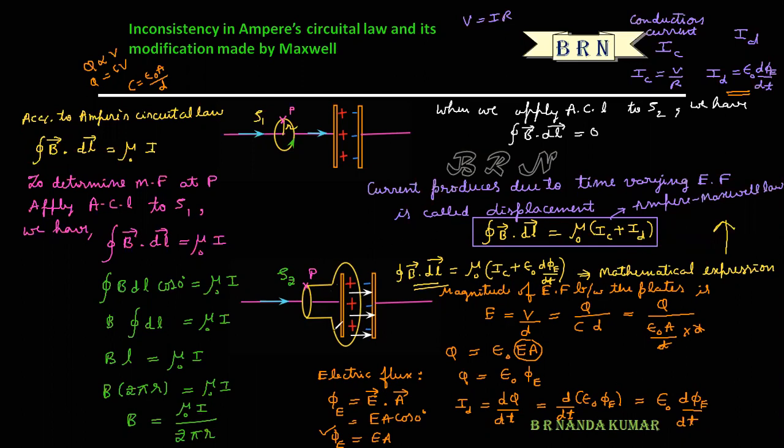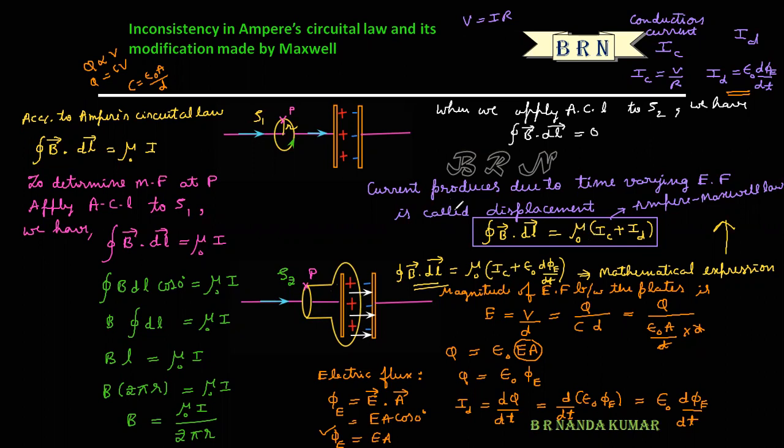In order to remove the inconsistency, Maxwell suggested the existence of an additional current, which is called displacement current. So this is the modified Ampere's law. The modification was made by Maxwell.